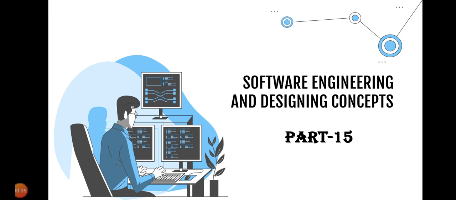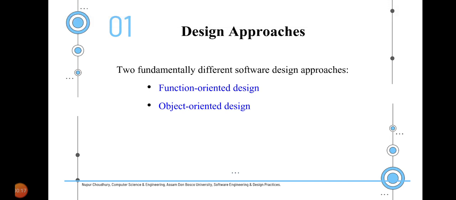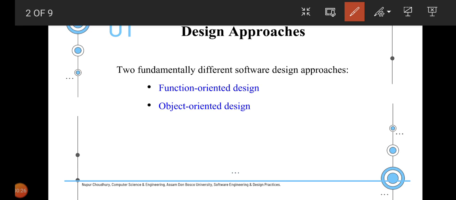So in today's session, we will be dealing with various approaches for the designing of a particular project or product. Basically, these design approaches could be fundamentally classified into two different approaches, one being the function oriented design and the other is the object oriented design. In the function oriented design, the product is viewed or the project is viewed as a set of functions.